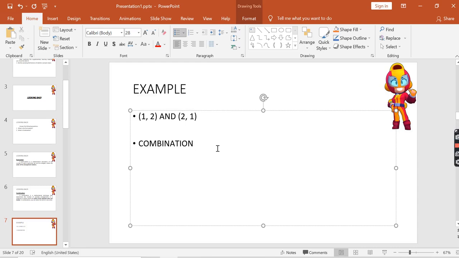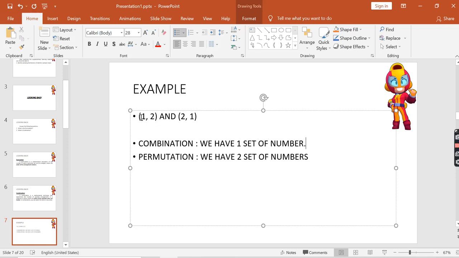Unlike in permutation, these two sets of numbers are considered different. So in permutation we have two sets of numbers, while when we talk about combination we only have one set of numbers, since 1, 2 and 2, 1 are considered the same.